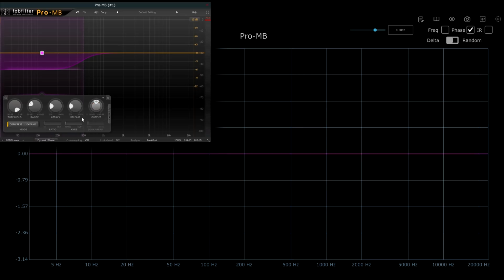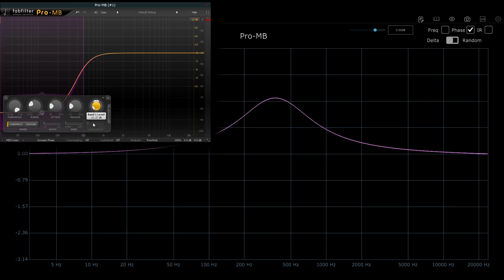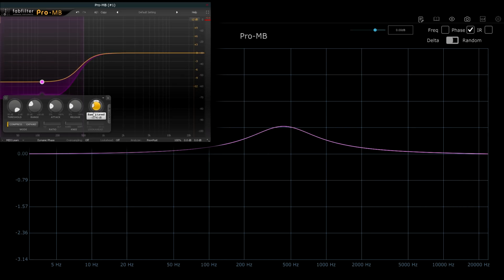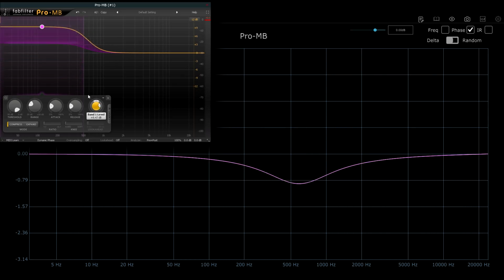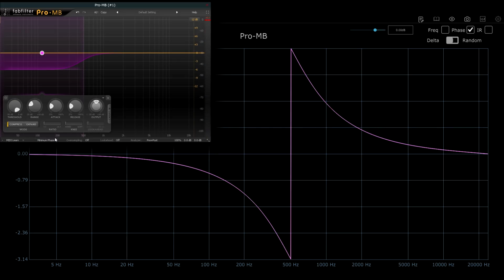If I used dynamic phase mode in a parallel configuration, the phase shift would be largely irrelevant, just as using shelf or bell filters in parallel is generally fine with no serious side effects. But if I ran the minimum phase crossover in parallel, that 180-degree phase shift at the crossover would result in total cancellation of those frequencies and a notch filter.